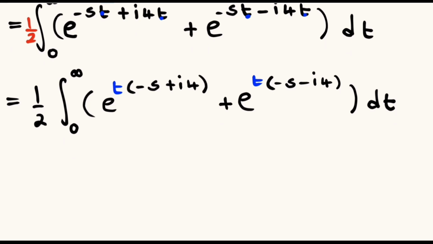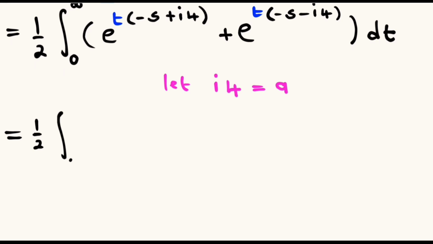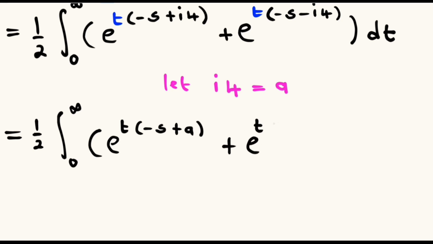And from here, we can let i multiplied by 4 be equal to a, and this will be equal to 1 over 2 multiplied by the integral from 0 to infinity of e raised to the power t into negative s plus a, plus e raised to the power t into negative s minus a in place of i multiplied by 4, and we are integrating with respect to t.